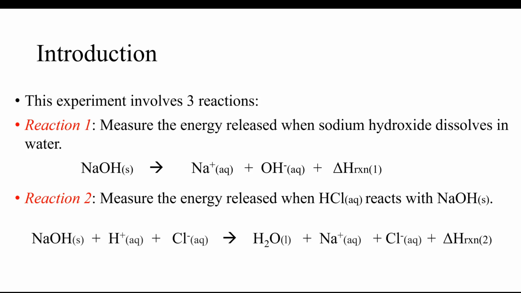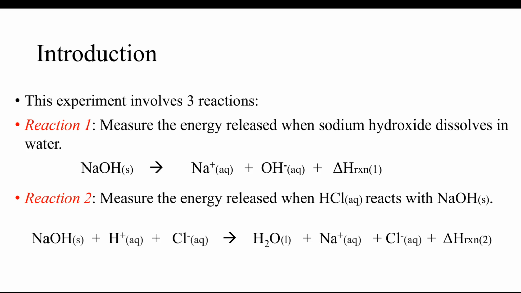Then we add approximately 4 grams of sodium hydroxide, mix it in with the water, stir it, and check the temperature again. This temperature is the final temperature, the temperature of the mixture. The difference between initial and final will be your delta T in this case.